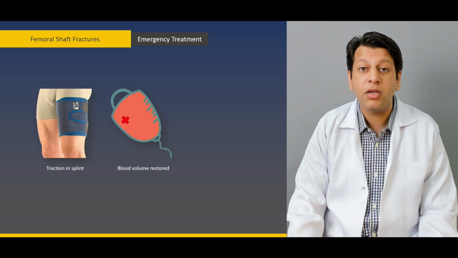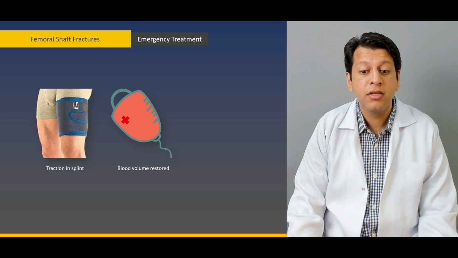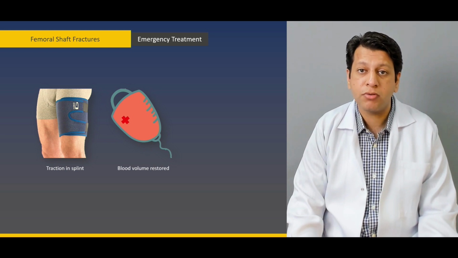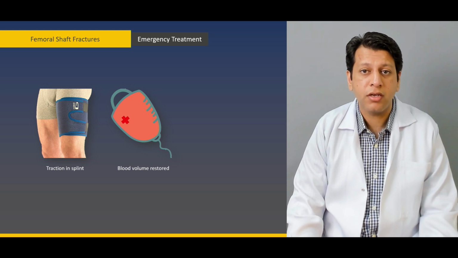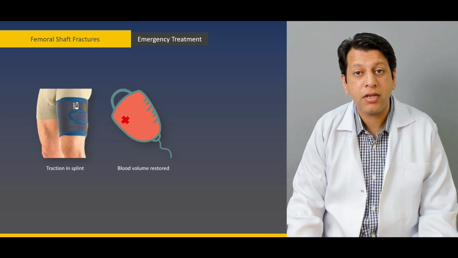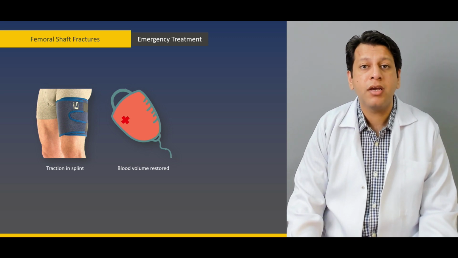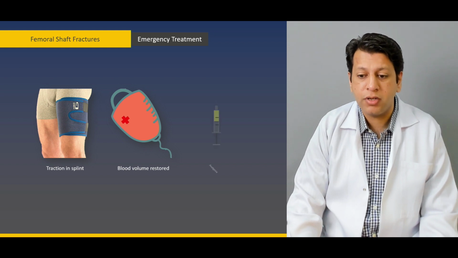There may be associated hypovolemic shock that has to be dealt with by restoring the blood volume. The patient may require a copious amount of normal saline. They may require blood products as well, because these shaft of femur fractures may be bilateral or polytraumatic. The patient may have associated acetabular and pelvic fractures as well, and there will be massive loss of blood which may require blood transfusion.